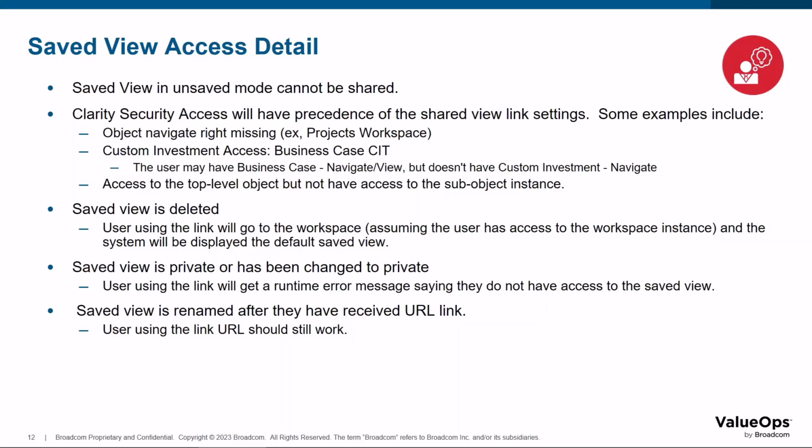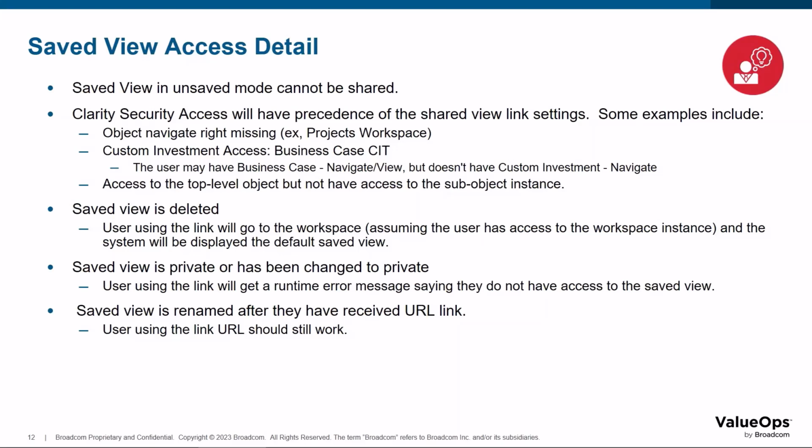For example, if the user that is using the link does not have object navigate right, then they will not be able to go to the link. If the custom investment access is not granted to the user, so for example, the user may have access to a specific CIT navigate view but does not have access to the custom investment navigate, which is the one right above it, then again the user will not be able to get to the saved view of a specific CIT.